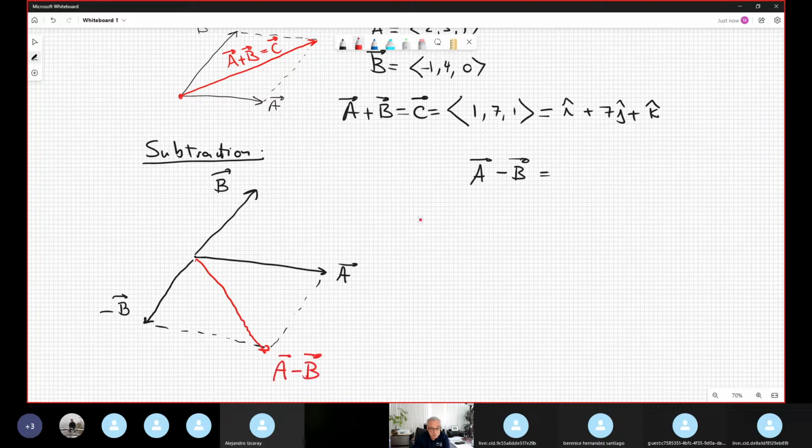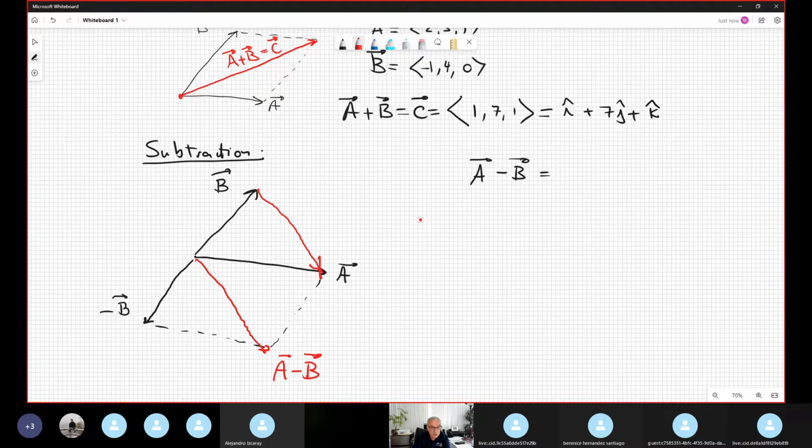This is one possibility. But I like another possibility. When you subtract geometrically, you connect the arrow of a and the arrow of b by a segment. You see? And what is the tail and what is the arrow? Well, the tail is the minus b.